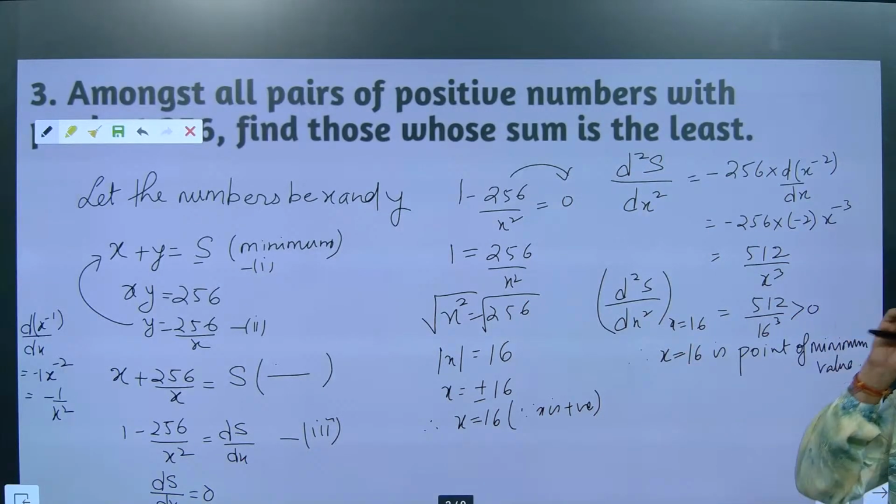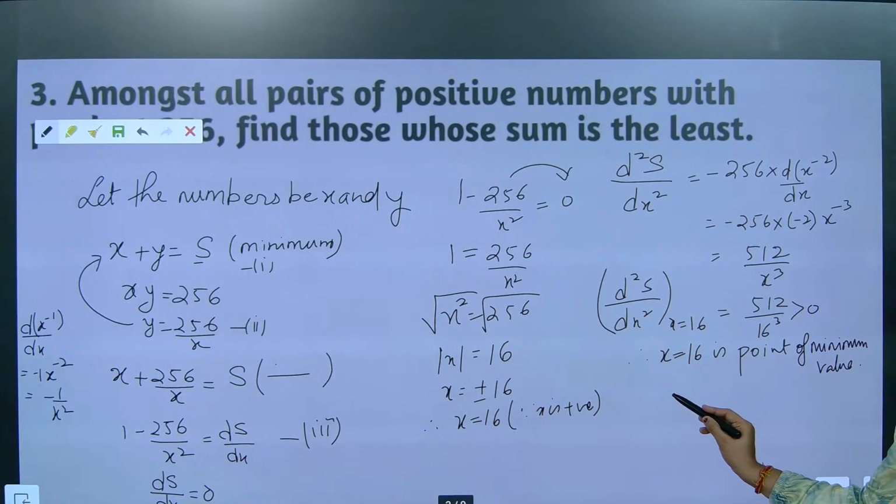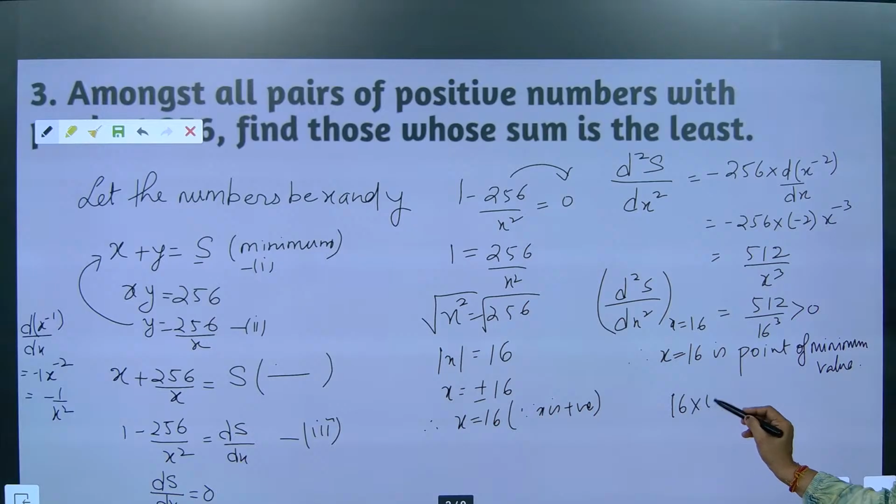When x is equal to 16, 16 into y is equal to 256. So y is equal to 256 by 16. What is the value coming, beta?